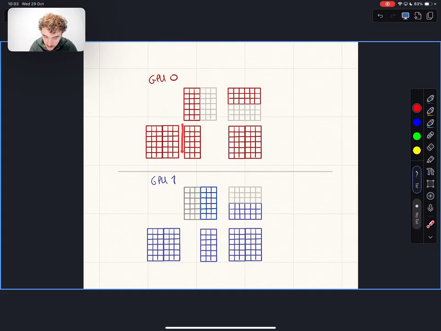So here we get half of the activations that we would have otherwise. GPU 0 gets the first half of the columns, GPU 1 gets the second half. Then in the second matrix multiplication, we create the correct sized output, and only after this do we sum them together.